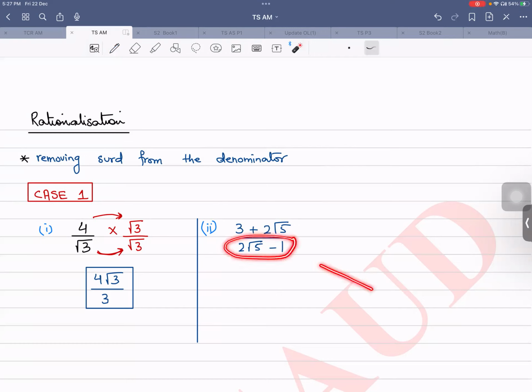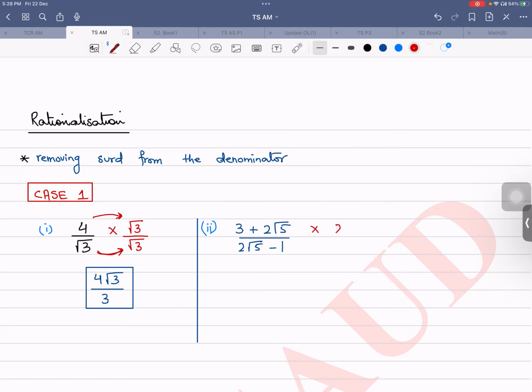I have 2 terms. जब 2 terms होंगी मेरे पास denominator में, even in that case I am going to multiply with the denominator and also divide with the denominator like the previous case, but I am going to change the sign in between. अगर बीच में माइनस का साइन है यहाँ पे, तो मैं साइन चेंज करके मल्टीप्लाई और डिवाइड करूंगा. यहाँ पे पहले केस में तो टर्म ही एक थी ना, मैं बीच का साइन कैसे चेंज करता? तो मैंने उसी से मल्टीप्लाई और डिवाइड कर दिया. लेकिन जब मेरे पास 2 टर्म्स होंगी तो मैं बीच का साइन चेंज करके मल्टीप्लाई और डिवाइड करूंगा.